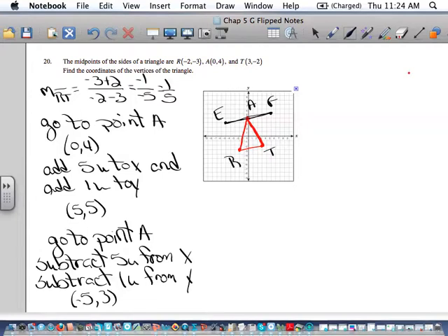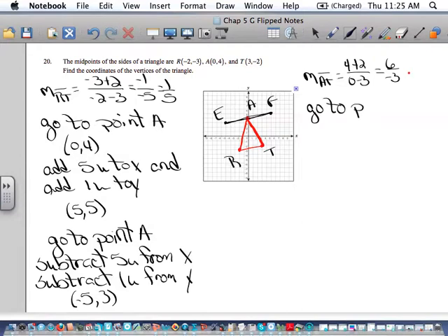I'm going to repeat that process for one of the other sides. Let's choose this time the slope of AT. The slope of AT. So I have 4 minus -2, which is going to be plus, then 0 minus 3. So I have 6 over -3. That's the slope of AT. So now I'm going to go to the point opposite that side.